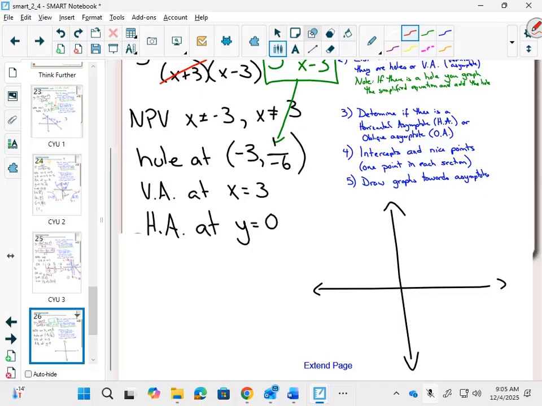So, vertical asymptote, x equals 3. Horizontal asymptote, y equals 0. Hole at -3, -1/6.